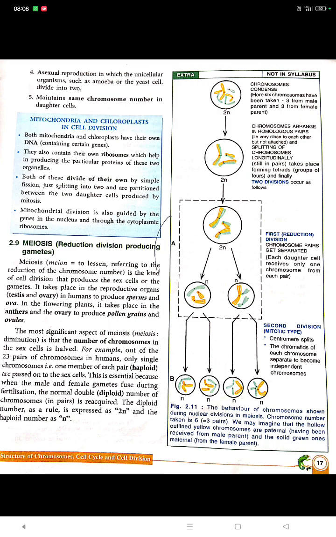This is essential because when the male and female gametes fuse during fertilization, the normal diploid number of chromosomes in pairs is required. The diploid number as a rule is expressed as 2n, the haploid as n.